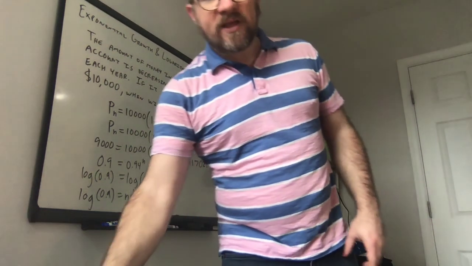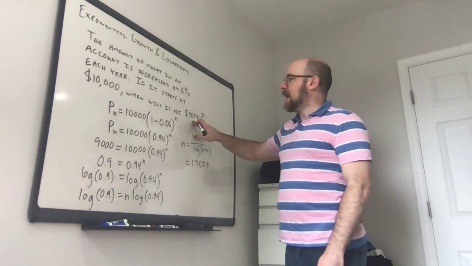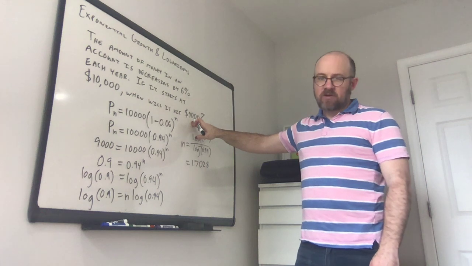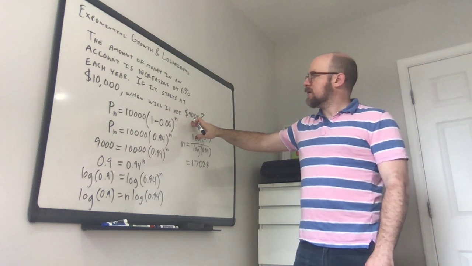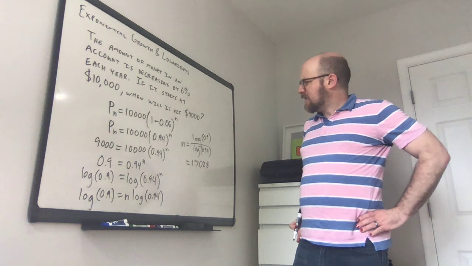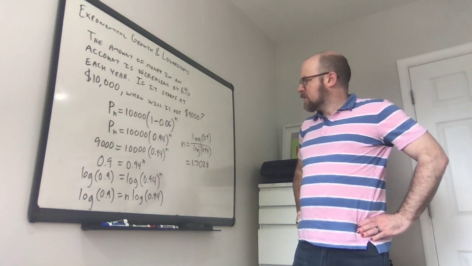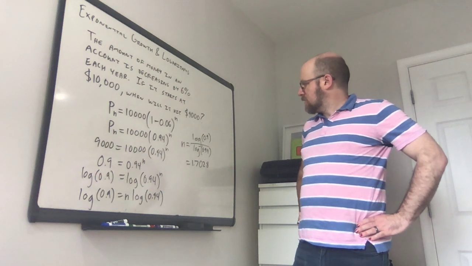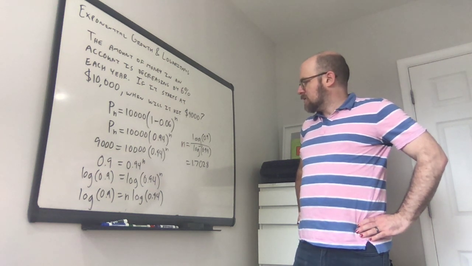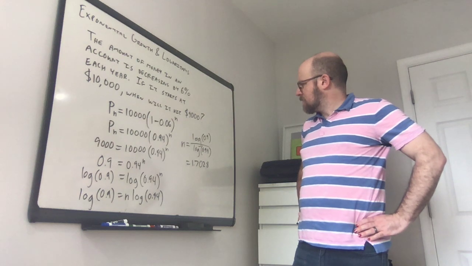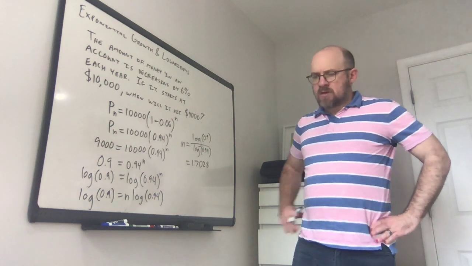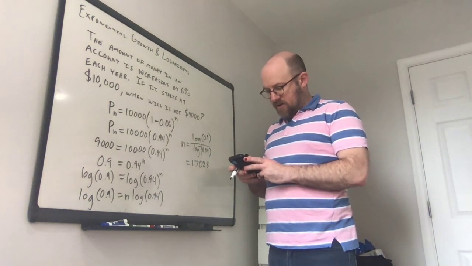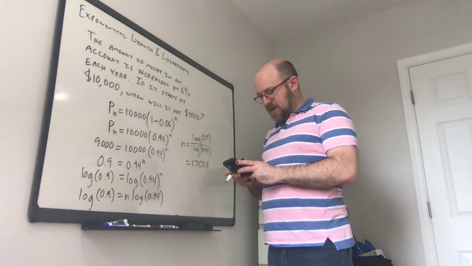So after 1.7 years, you would be down to $9,000 in your account, which, if you think about it, does that make sense? That doesn't seem right to me. I guess it is. Yeah. So let me check my numbers real quick. Log of 0.9 divided by log of 0.94. Yeah, I guess that's right.